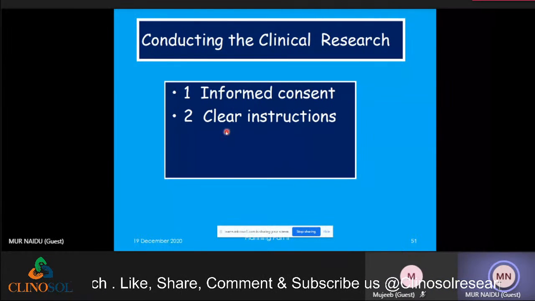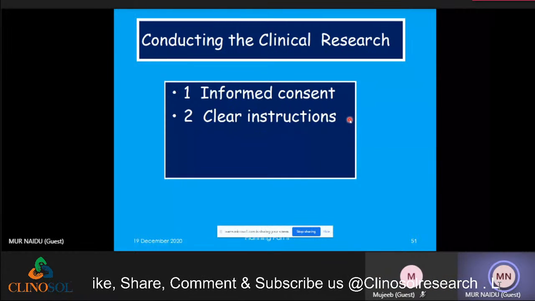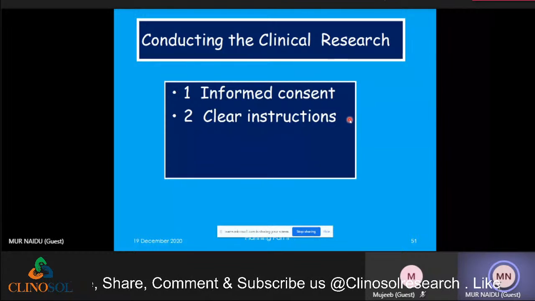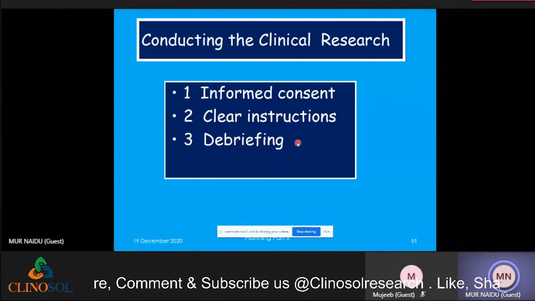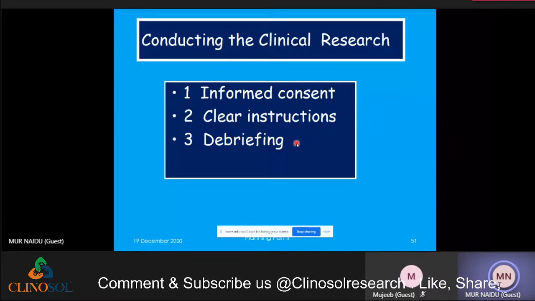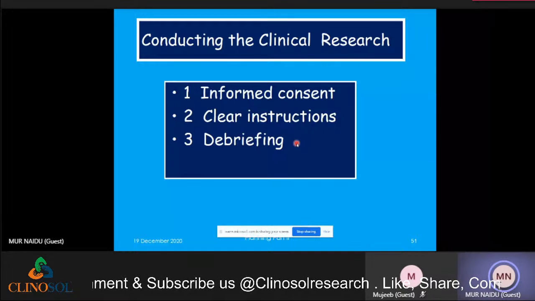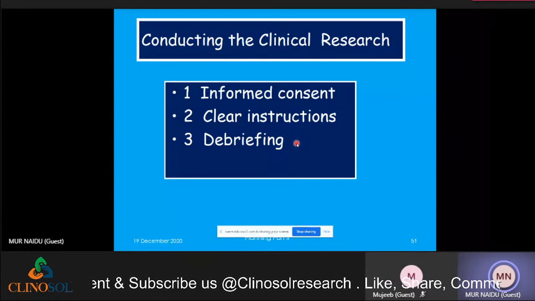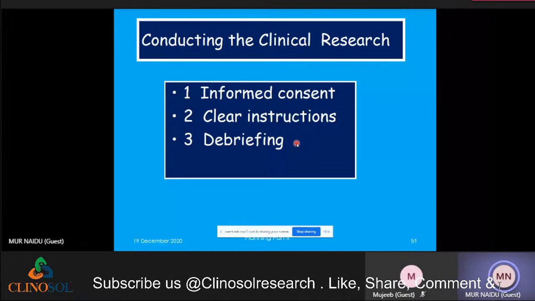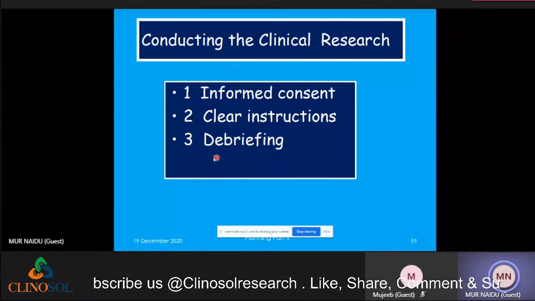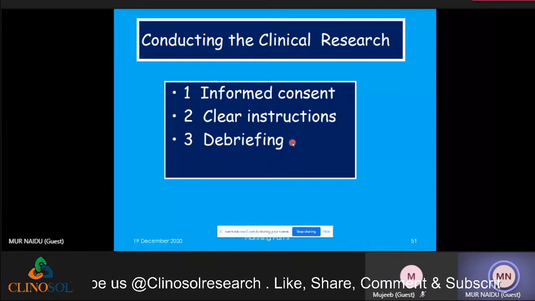The second thing is that there should be clear instruction on what will be done, when it will be done, and how it will be done. Third, everybody who is participating in a clinical trial, your nursing staff, your lab person who is collecting the data, the courier person who is sending the samples, everybody should be briefed properly on what to be done.